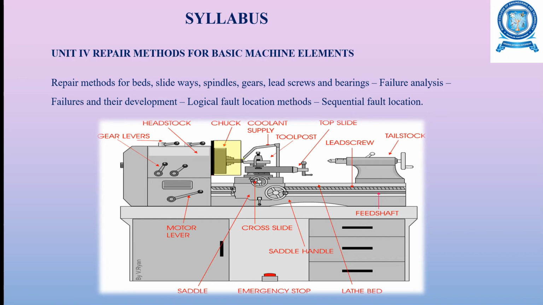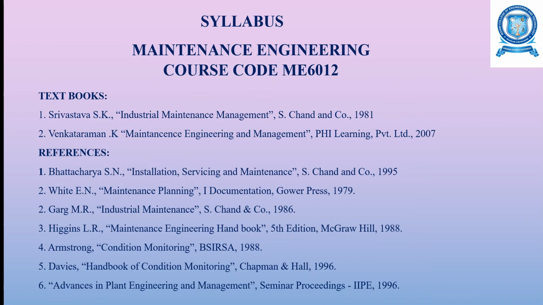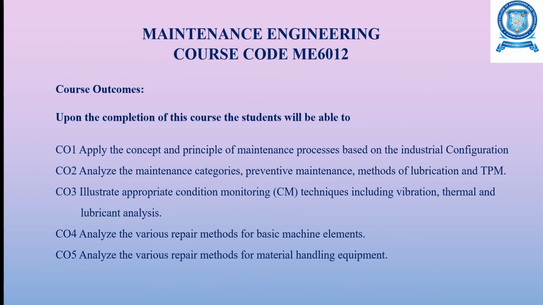These are the textbooks and reference books for the maintenance engineering course. Coming to the course outcomes, upon completion of the course, the students will be able to apply the concept and principle of maintenance processes based on the industrial configuration, and analyze the maintenance categories, preventive maintenance, methods of lubrication, and total predictive maintenance on completion of Unit 2.